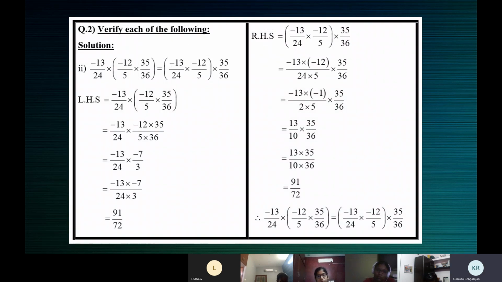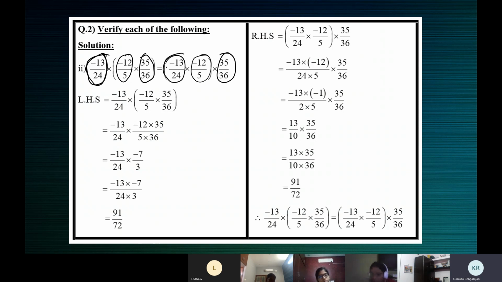So that's about verifying the associative property of multiplication of rational numbers. We're dealing with rational numbers, it's multiplication and it's associative because there are three rational numbers. The three rational numbers are minus 13 by 24, minus 12 by 5, 35 by 36. You can see the same thing here, 35 by 36, minus 12 by 5, minus 13 by 24.